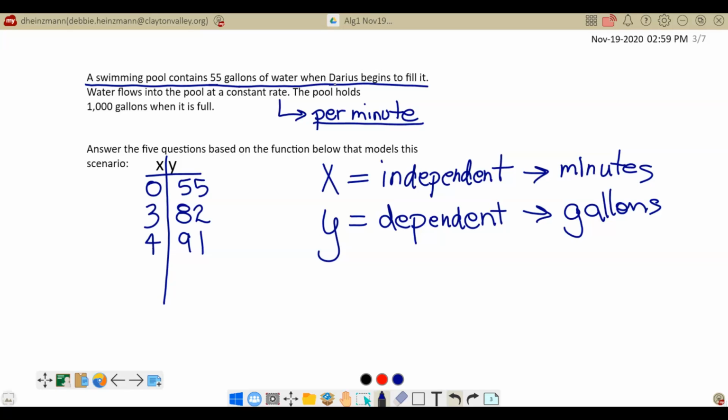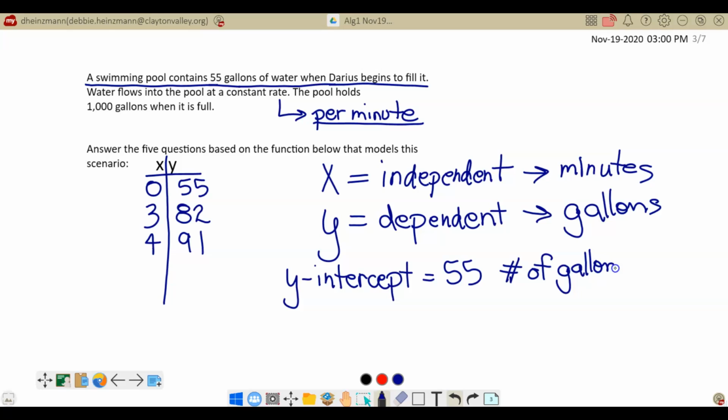Well, that right there tells me that my y-intercept is 55. And what that means is that is the number of gallons when we started. Okay, cool.